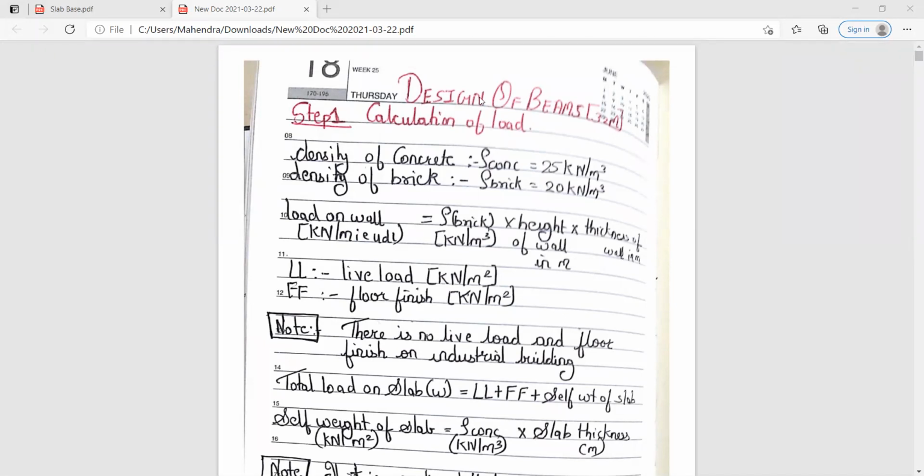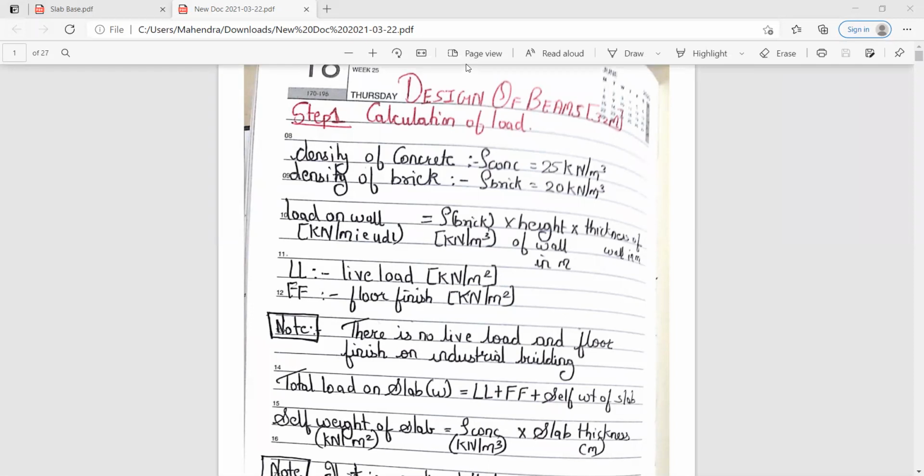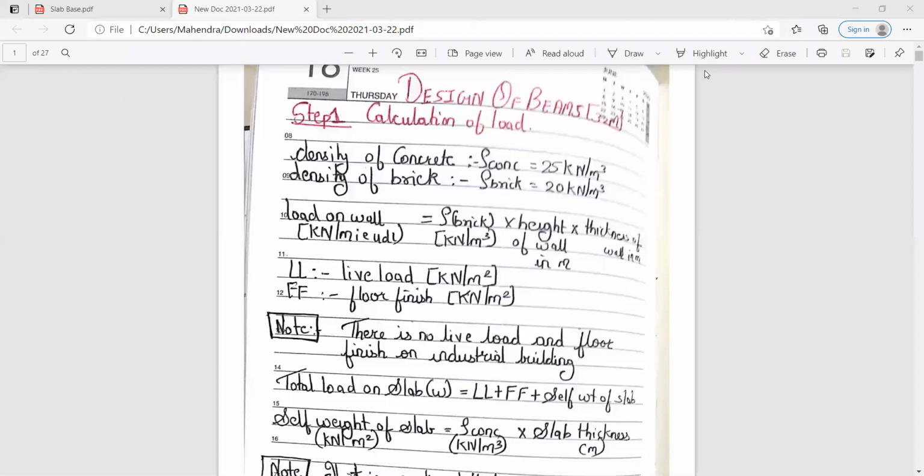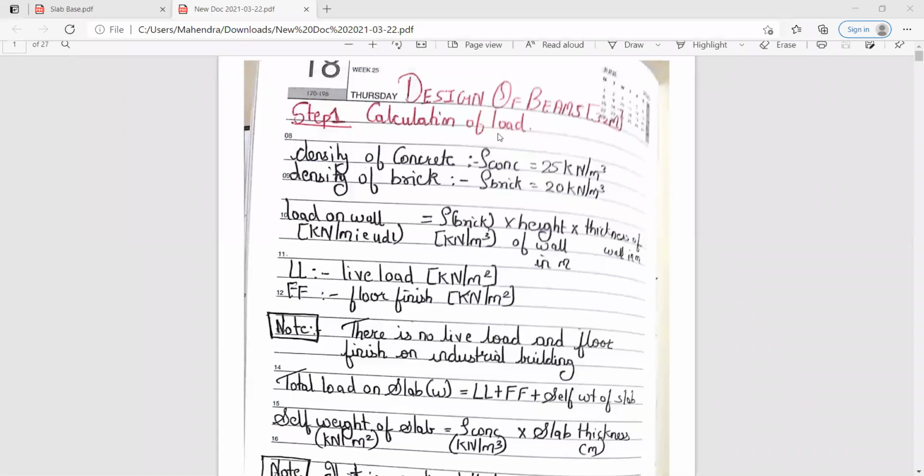Yes, Abdullah, that sum is over for the slab base. Okay, so the load on the wall in kilonewton per meter, that is uniformly distributed load. For that you have the formula, that is rho for the brick, that is the density for the brick. So density of the brick will be in kilonewton per meter cube.